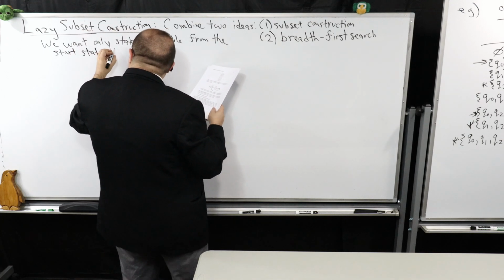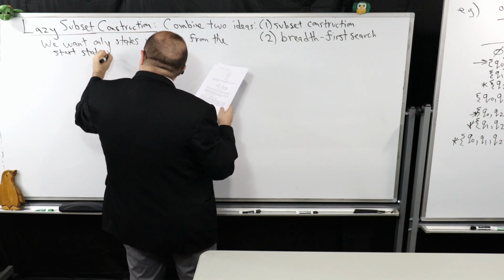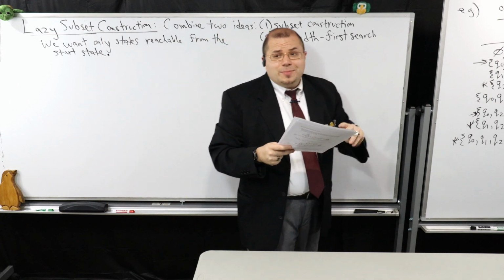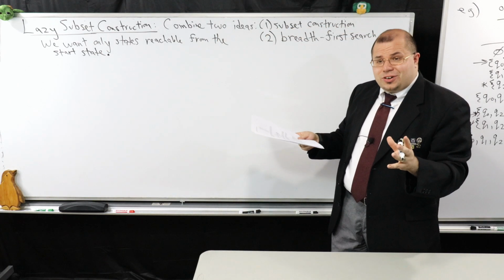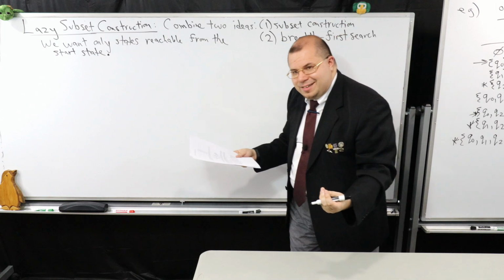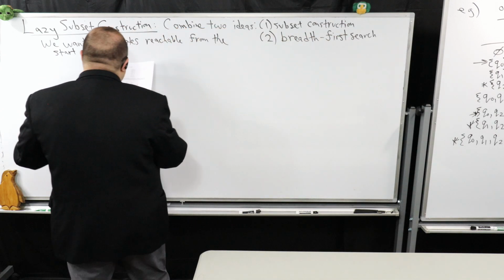I'm going to define something we're going to call discovered. This is just to make it easier for you to know. It's not something you need to know specifically about this construction, I just find it's easier to learn the lazy subset construction with this notion.